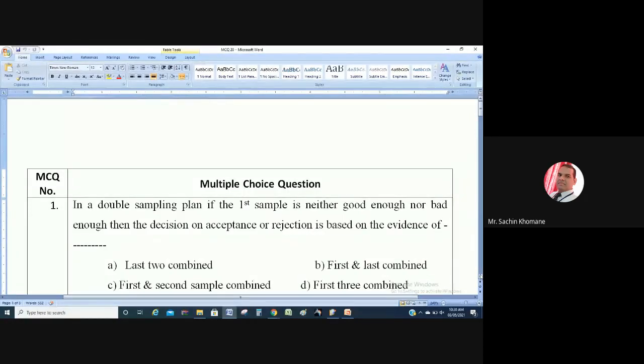Okay, so I hope the questions are visible to you people. Along with me, you also can read the questions. Continue reading. And your probable answer you can put in the chat box for the first MCQ.